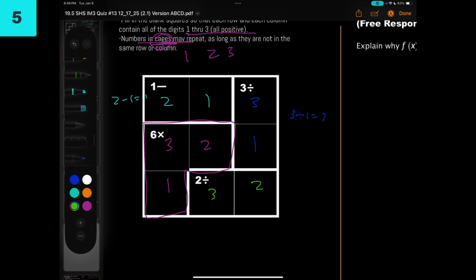Let's see if I can switch some numbers here. Can I do 3 and then 1? So I want the 3 to be down here.